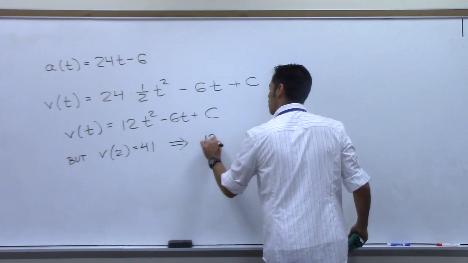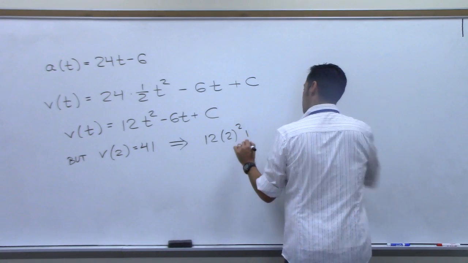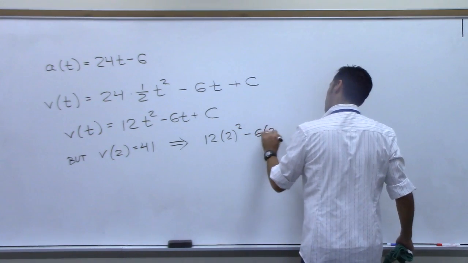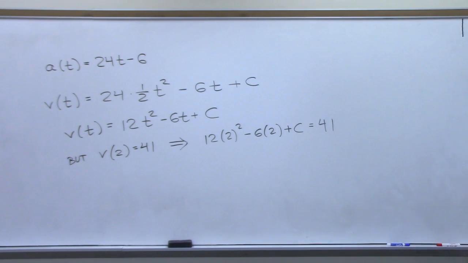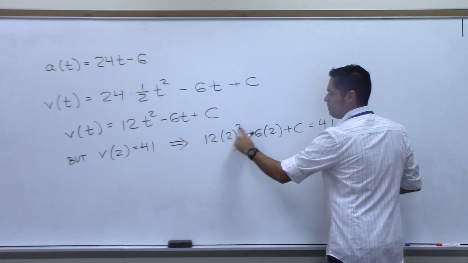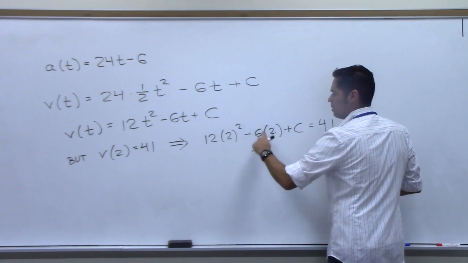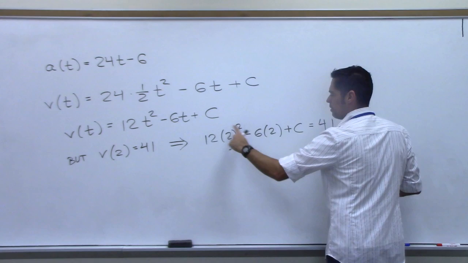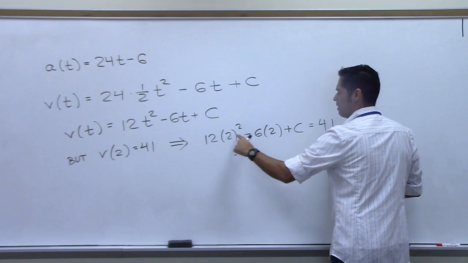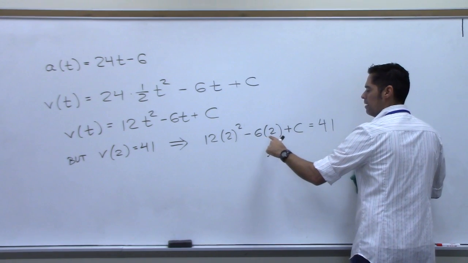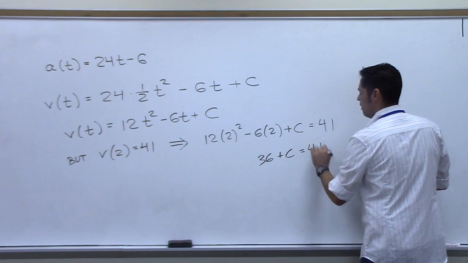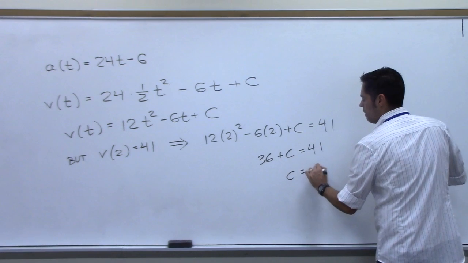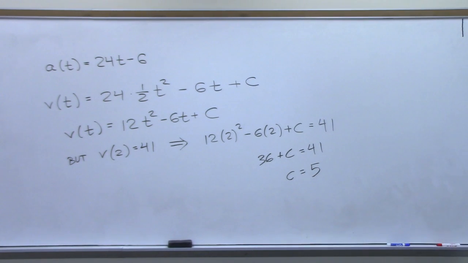So when I plug in 2 for t, I should get 41 out. So what's this? 48 minus 12, which is 36, plus c equals 41. So c is 5.